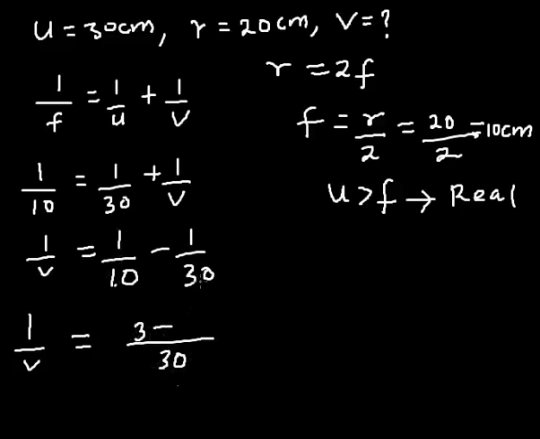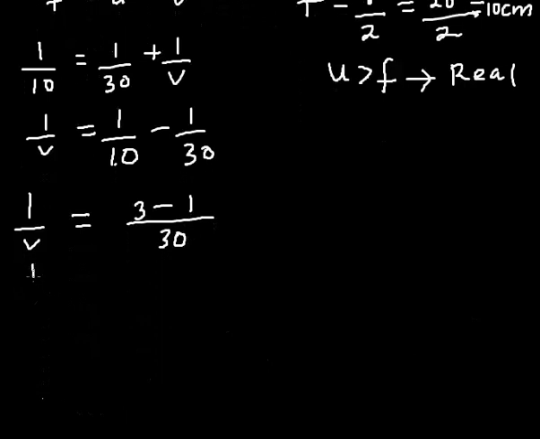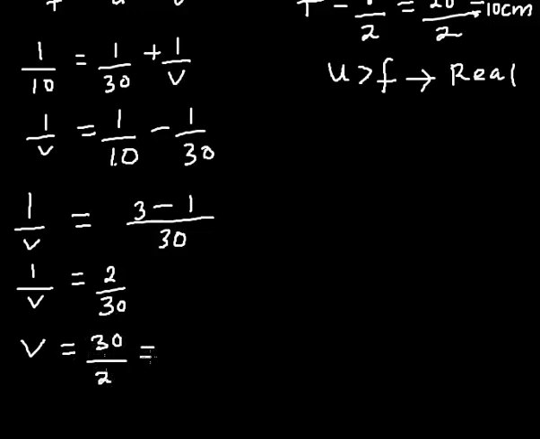Then 30 divided by 30 is 1, 1 times 1 is 1. So 1 over v is equal to 2 over 30. Therefore v is equal to 30 over 2, which is 15 cm.